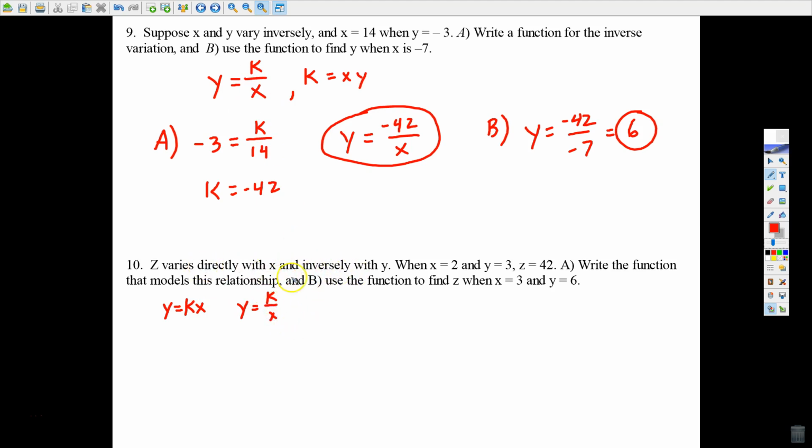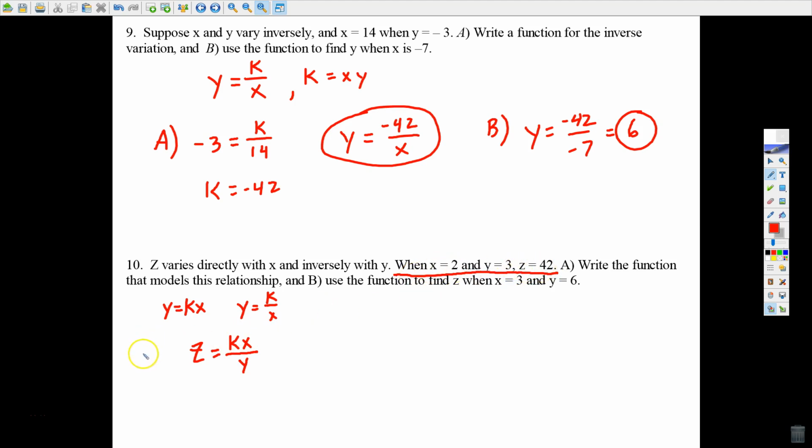Well, this employs both of them. z varies directly with x and inversely with y. So every time you see directly, you're multiplying times k, and when you see inversely, you're dividing into k. Okay, so these numbers are going to be helpful to help us find out what k actually is.